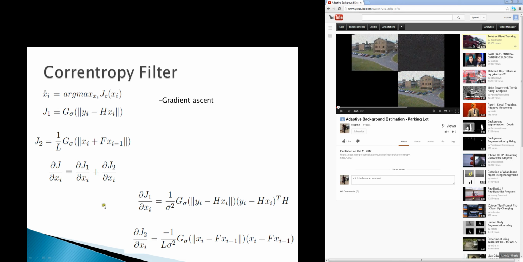We have used gradient ascent in this algorithm, so this introduces a free parameter, which is the step size, which has to be chosen with respect to the application. We use this filter for background estimation, where we will show that the free parameter selection is important but not as crucial.